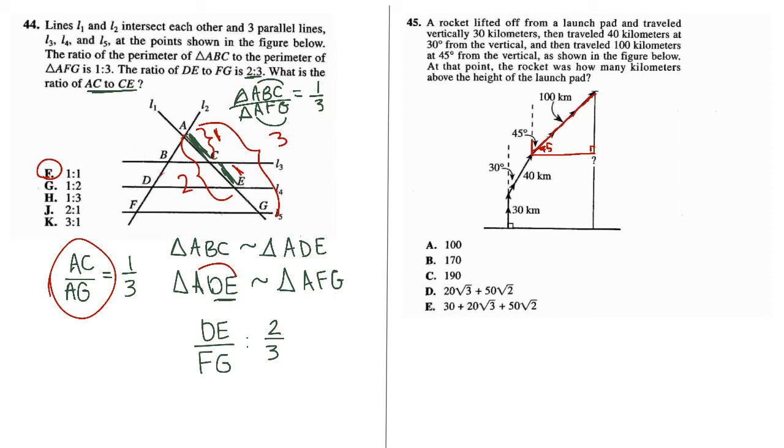Now, if that base angle is 45, and we have a 90 degree, this up here is also 45. And if we remember those special right triangles, then I know this side here is going to be 50 root 2.